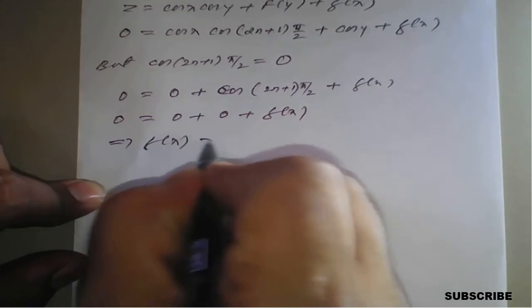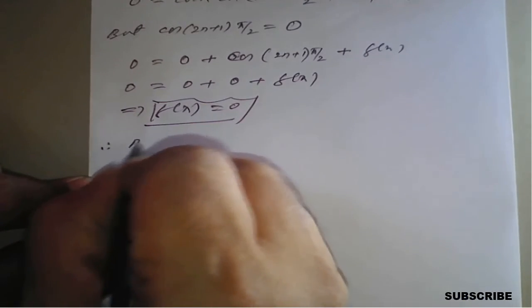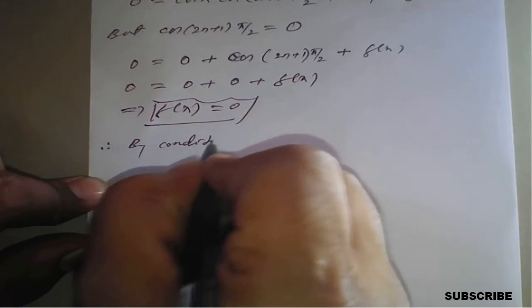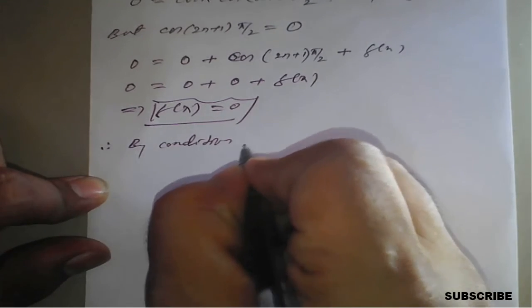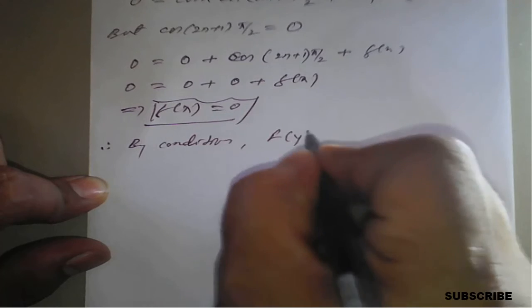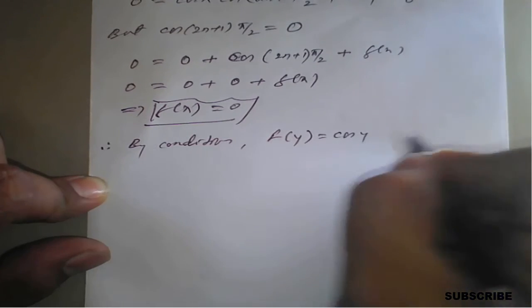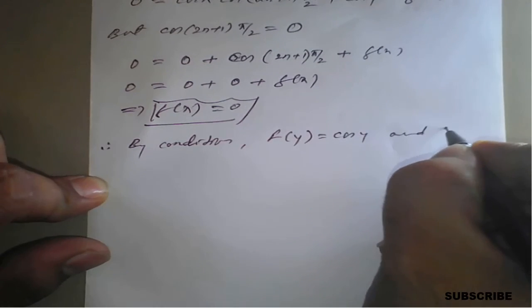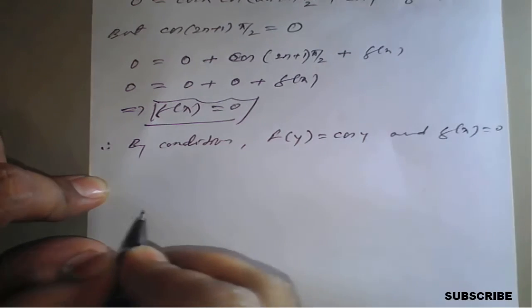So we can conclude that g of x is 0. By the condition we got capital F of y as cos y, and small g of x as 0.